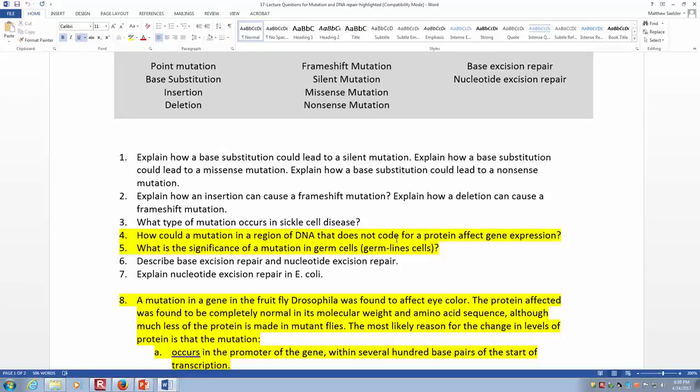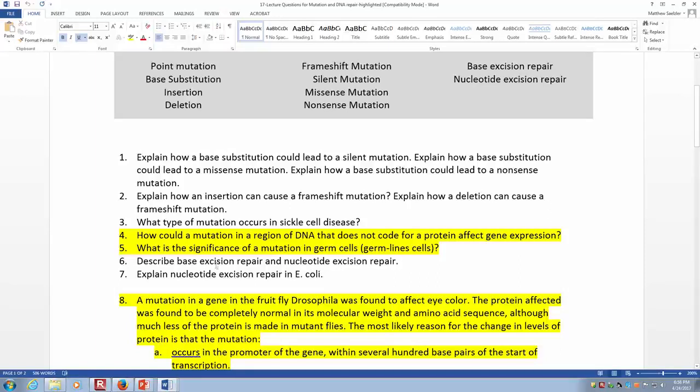So more general than that, in any type of regulatory DNA site. If you have a regulatory piece of DNA, meaning DNA that regulates the expression of a gene, there are certain segments of DNA that control the expression of genes, and if you have mutations in those regions, those can also affect gene expression.